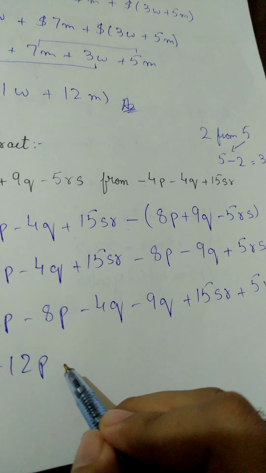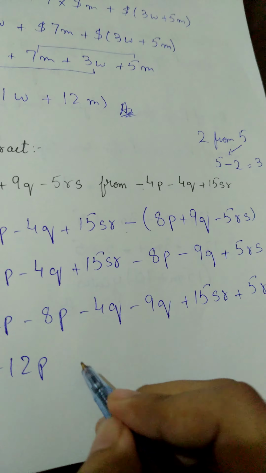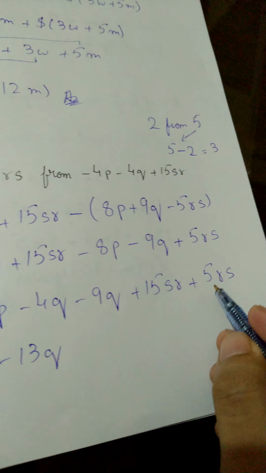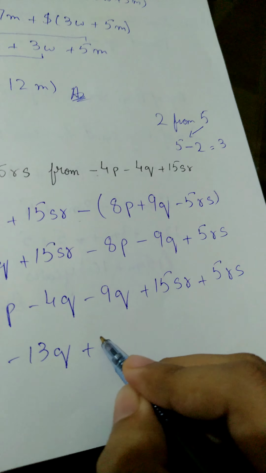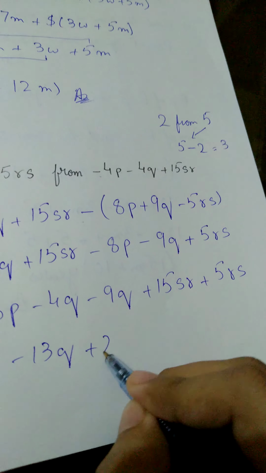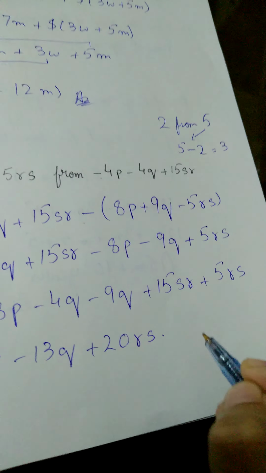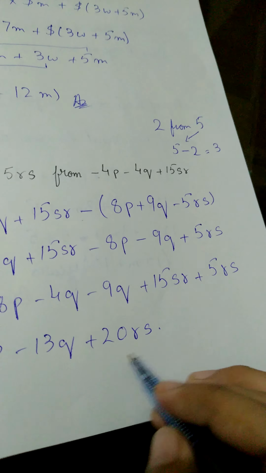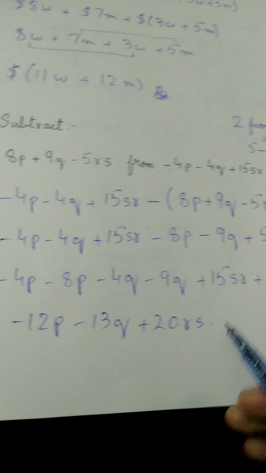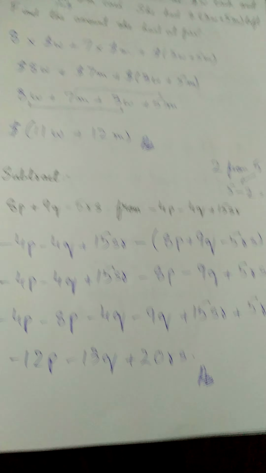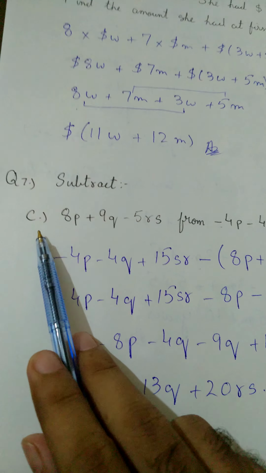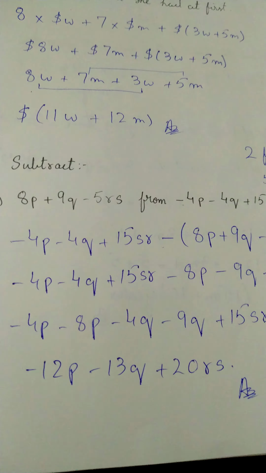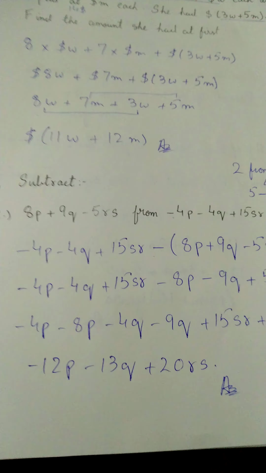Minus minus plus again, we just have to add them: 9, 10, 11, 12, 13, 13q with the minus sign, and at the end 15 plus 5 is 20rs, because in alphabetical order R comes first and S after, so rs is the correct one. So here we have solved this value. I have completed part C for you. You have to solve the remaining parts by yourself, and then 4B will also be finished.